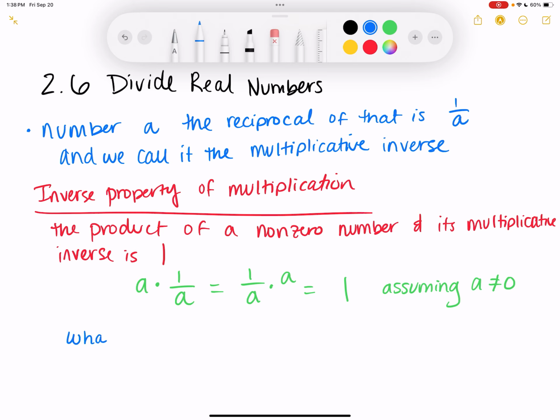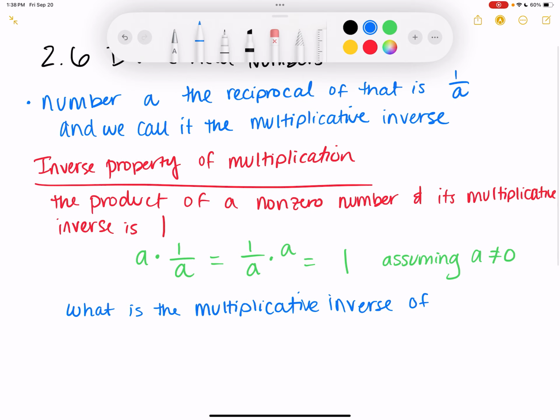So what is the multiplicative inverse of 3 over 7? Any ideas? 7 over 3. Yep.